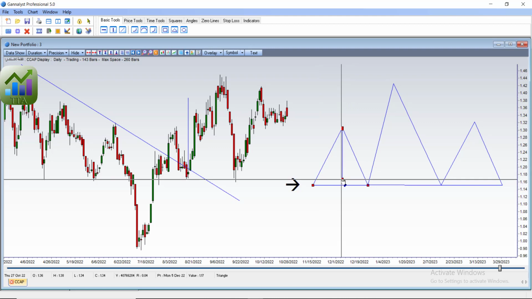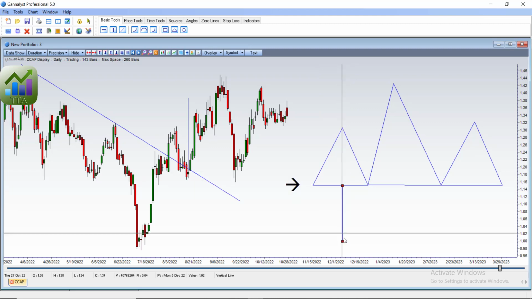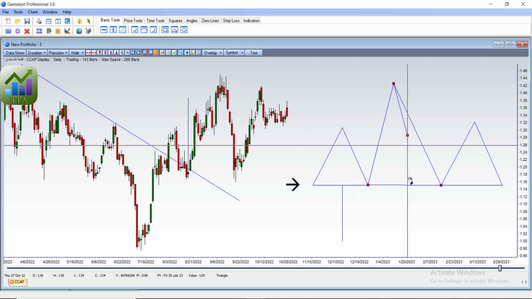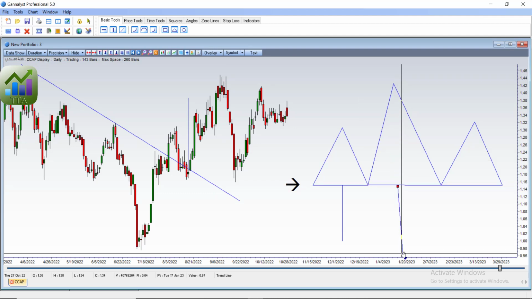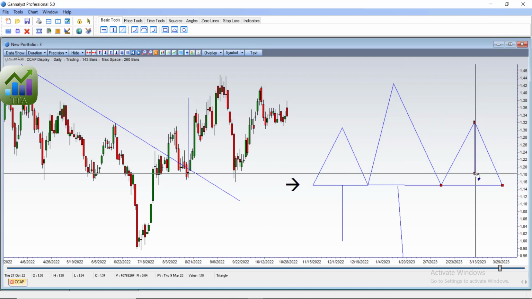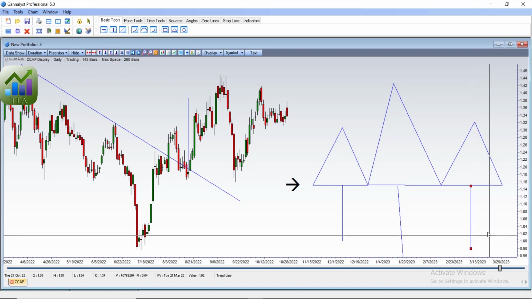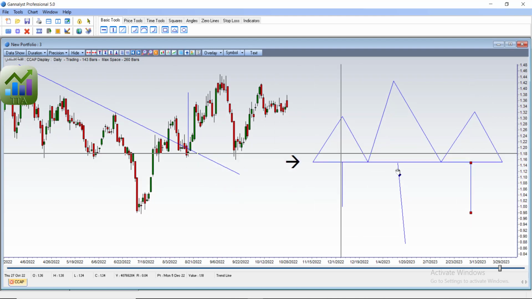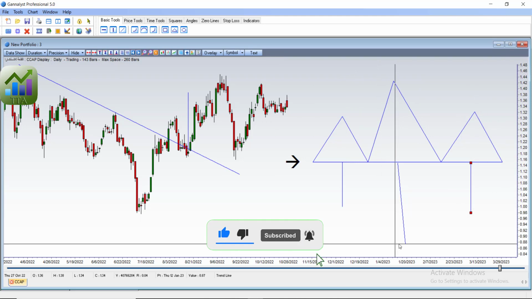So from here to here, and then take this one to here, and from here to here, and then you take this one here, and from here to here, and then take this here. That means the target, if it penetrates this line, will be one of these three targets.